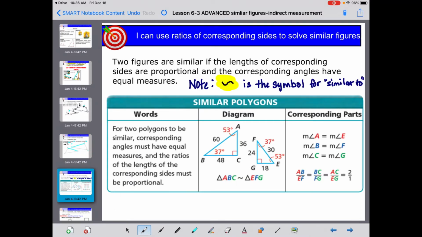Okay? So we need to write a couple things down in our notes. I think that under our definition of similar figures, we need to make sure we write in there that similar figures have proportional sides.